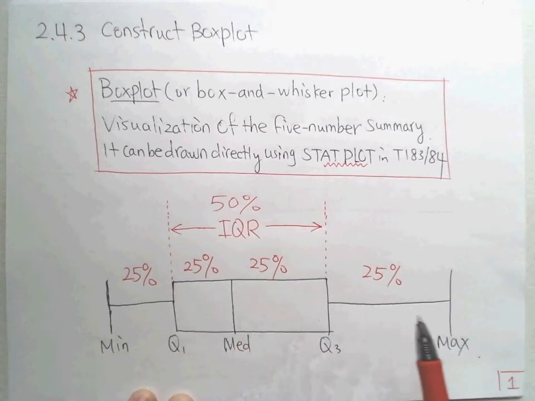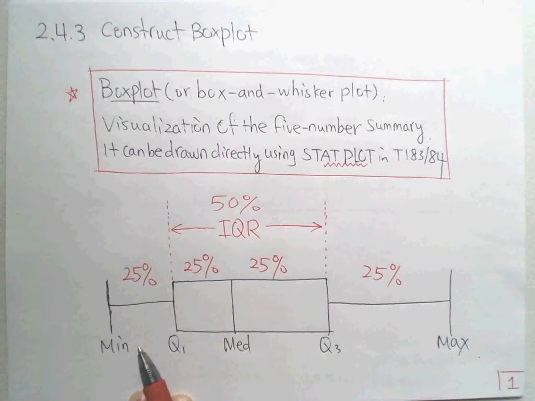Remember, in the last lecture we showed how to find the 5 number summary, right? Here is the 5 number summary: the minimum, Q1, the median, Q3, and the maximum.